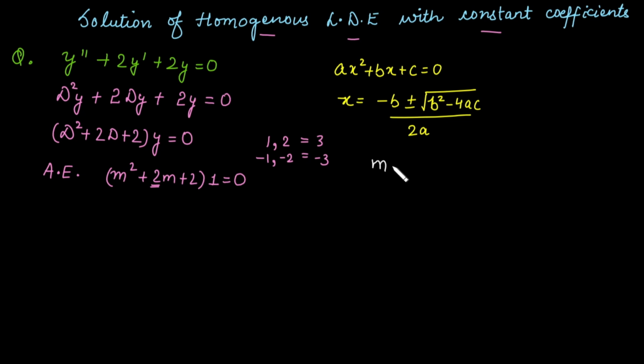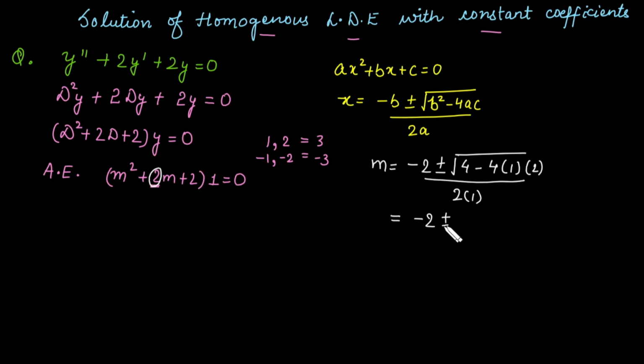Here the value of m is equal to minus b, so the value of b is 2, plus minus under root b square, that is 2 square is 4, minus 4 into the value of a is 1, c is 2, divided by 2 into a is 1, that is equal to minus 2 plus minus under root 4 minus 8 by 2.